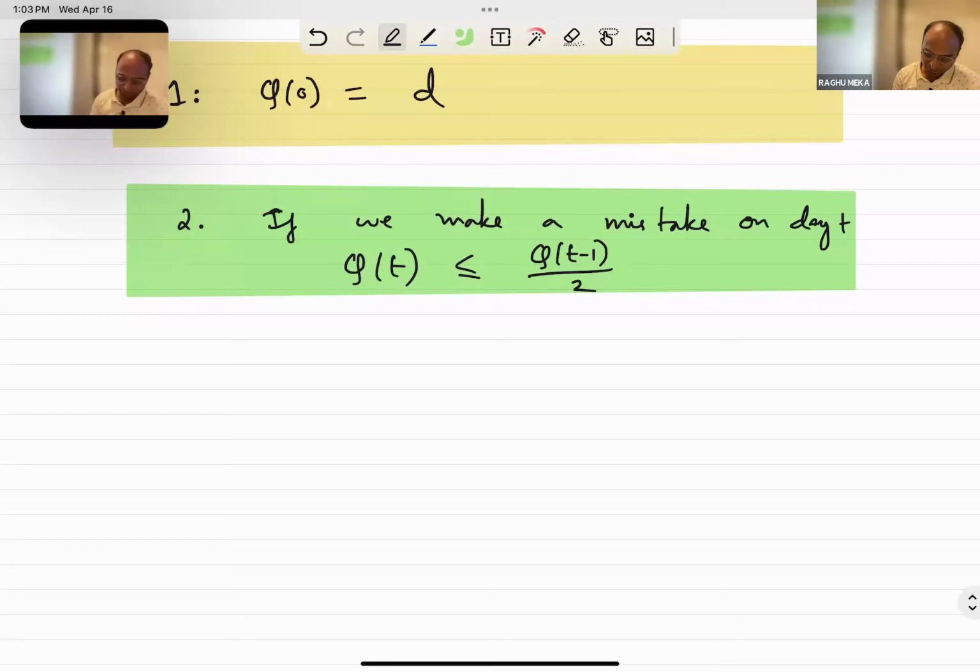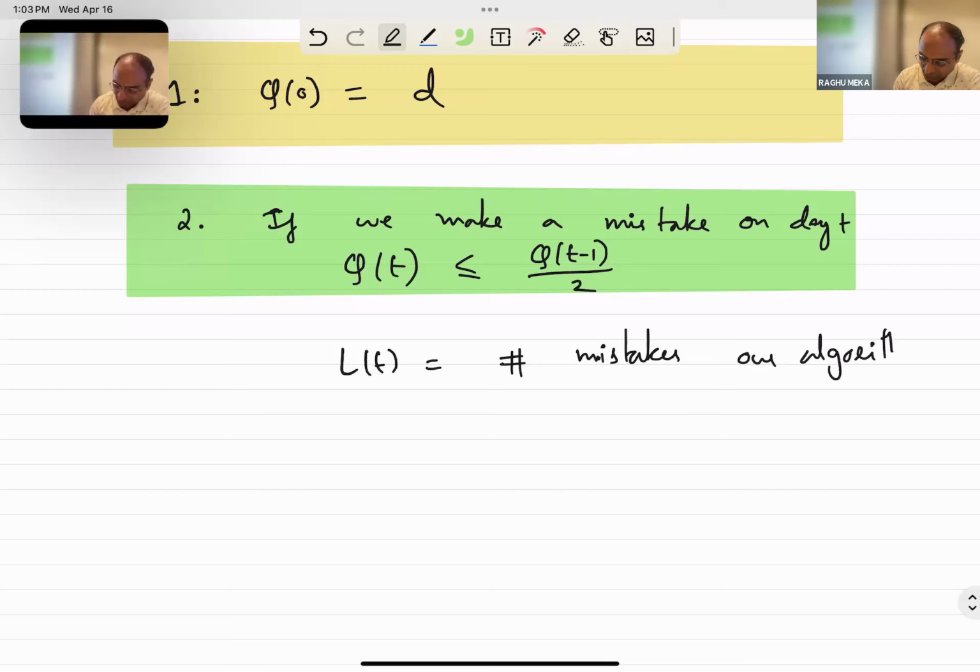So now we can do the same thing. L of t, remember, is the number of mistakes our algorithm, which in this case is FTM, makes by day t.